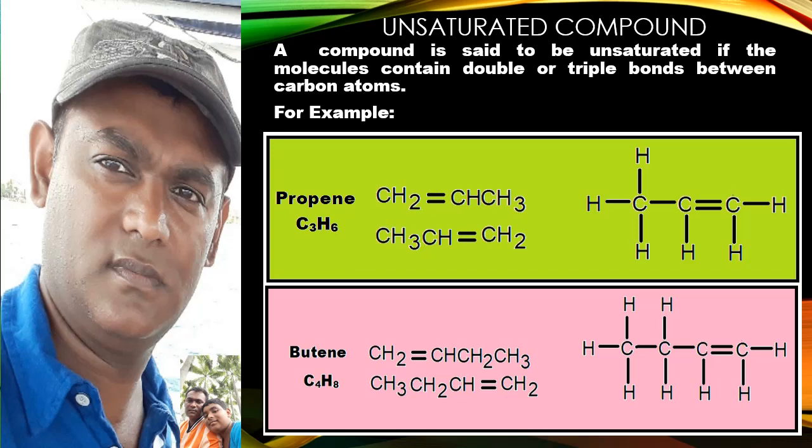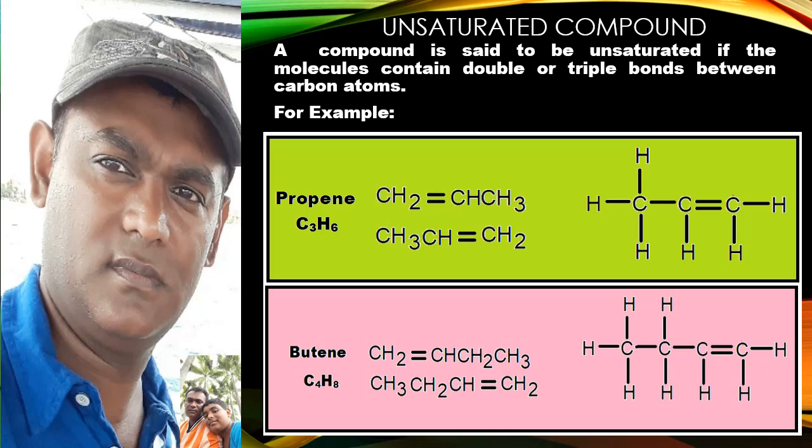Butene contains 4 carbon atoms. The first carbon is attached to 3 hydrogen atoms, and the fourth bond is between the first carbon and the second carbon atom. The second carbon is attached to the first carbon and the third carbon by single bonds. Therefore, it can accommodate 2 more bonds, which are bonded by 2 hydrogen atoms.